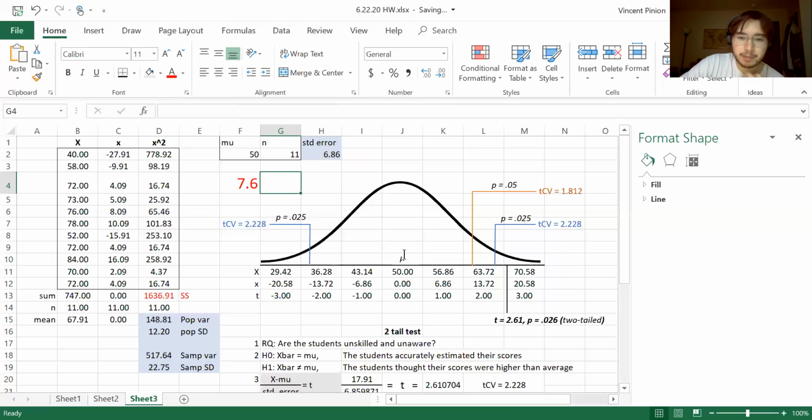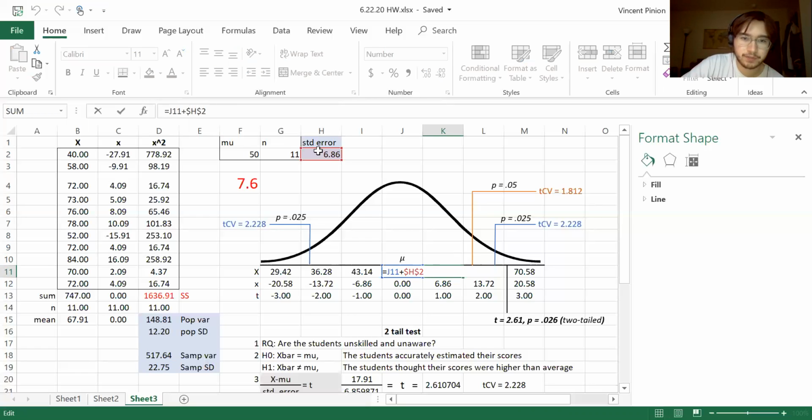So now that we have the population mean and we have the standard error, we can graph the t-distribution, or better, the sampling distribution. We start at the mean, and then we add the standard error every time, so 6.86. 50 plus 6.86 is 56.86.